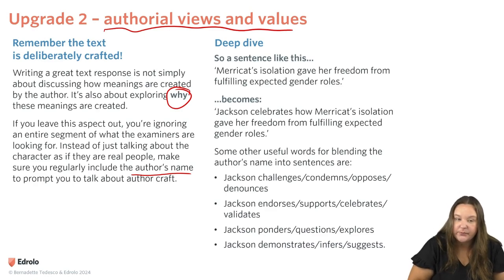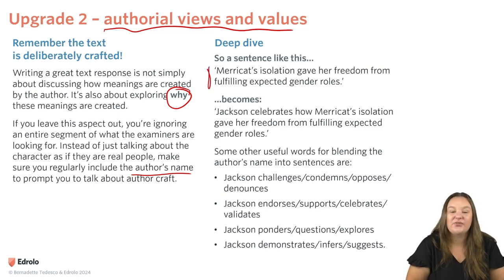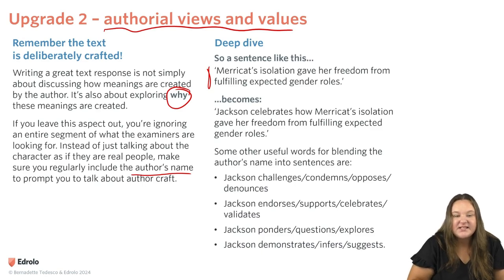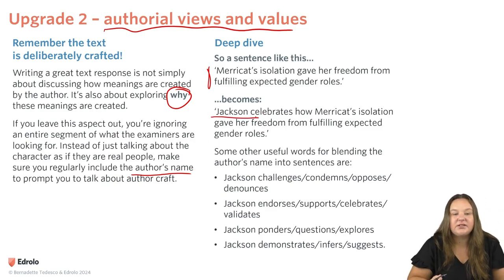So, for example, a sentence like this: Mary Cat's isolation gave her freedom from fulfilling expected gender roles. This makes the assumption that Mary Cat is a real person being talked about. Instead, add in the author's name, Jackson, and say whether Jackson is presenting this as a good thing or a bad thing.